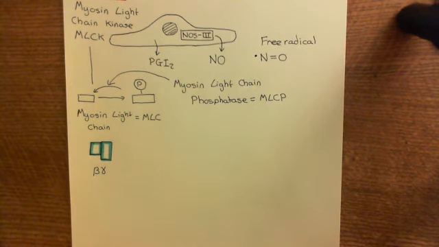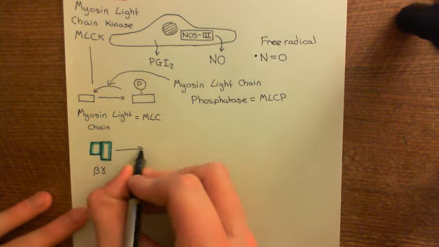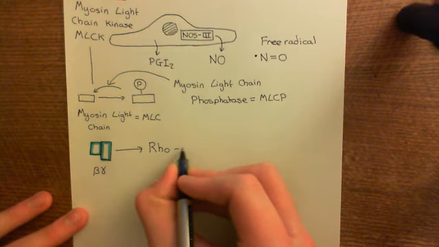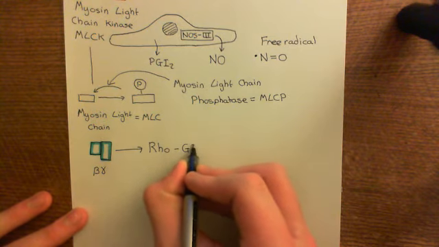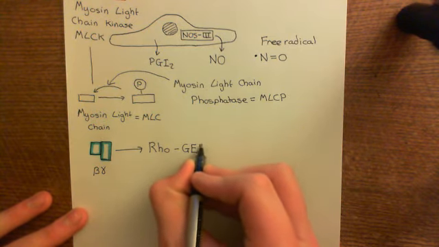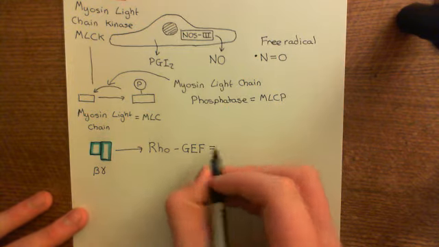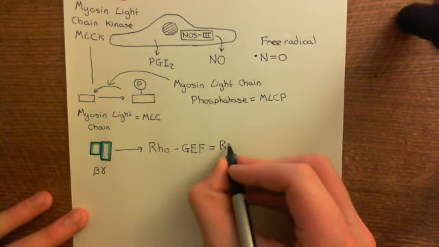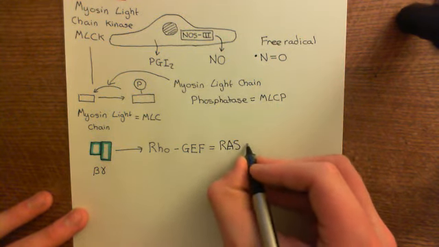Right, so it's going to activate a protein known as Rho-GEF. Now, what does this stand for? Well, Rho stands for Ras homology. Ras is a very important protein, so let's put it all in capitals.